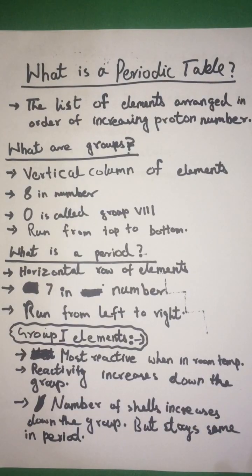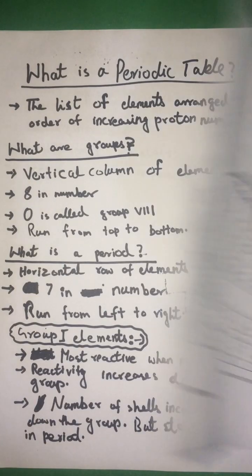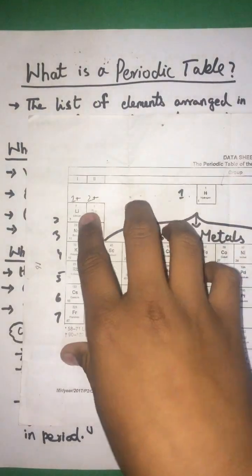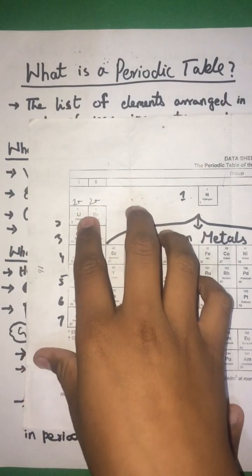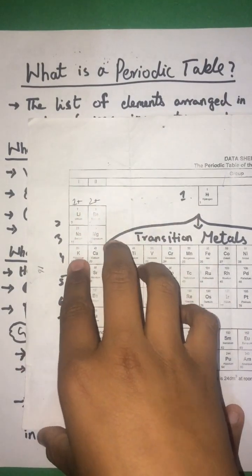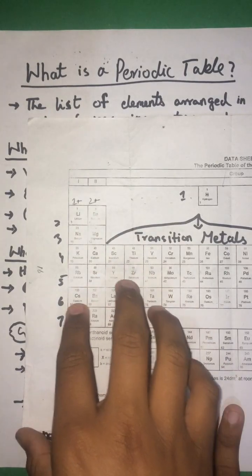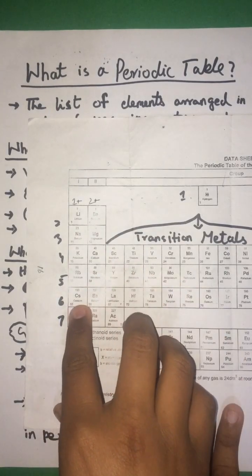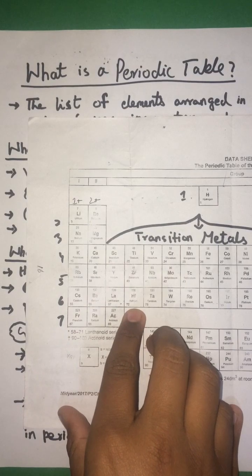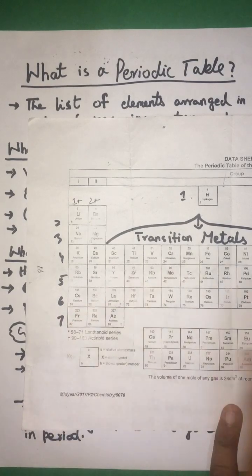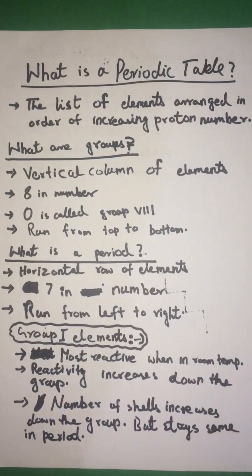While the number of shells increases down the group and stays the same in the period. I can explain this, it also means that the number of electrons stays the same in a period, the shells increase in going down the group. For example, cesium is in the group 6 while the hafnium is also in the group 6, but the number of their shells is always the same.